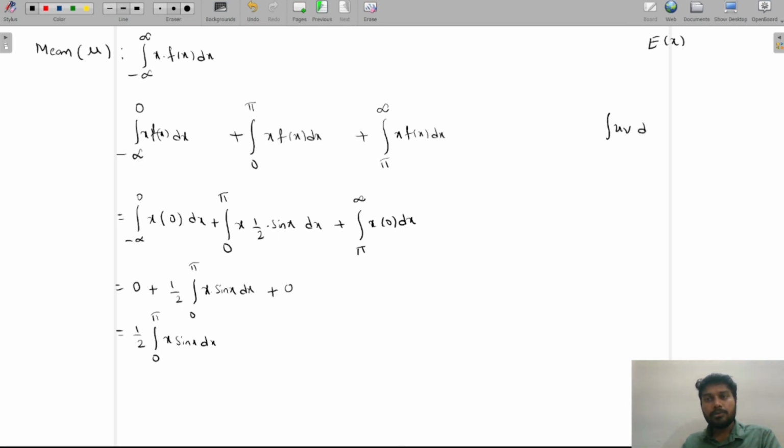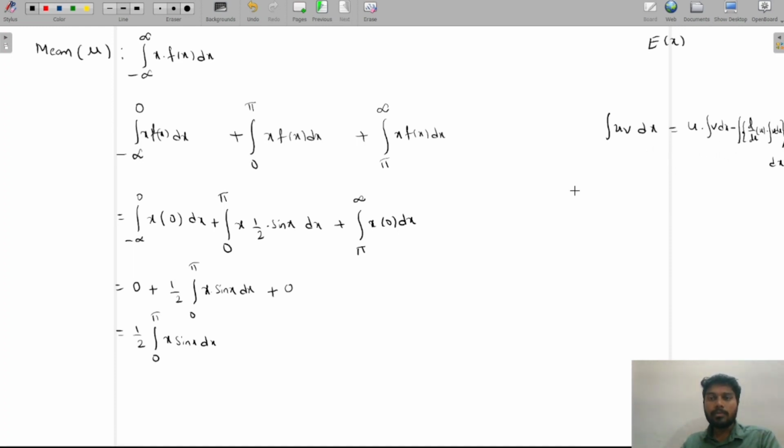Integration uv dx equals u into integration v dx, minus integration of d by dx of u into integration v dx, all times dx.